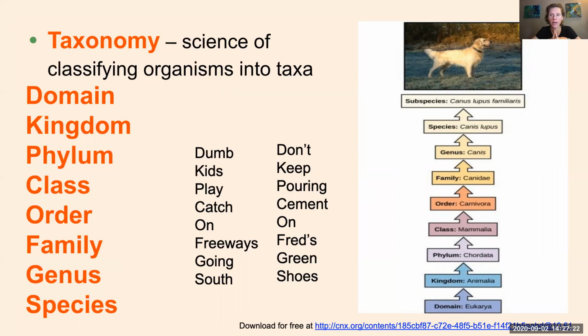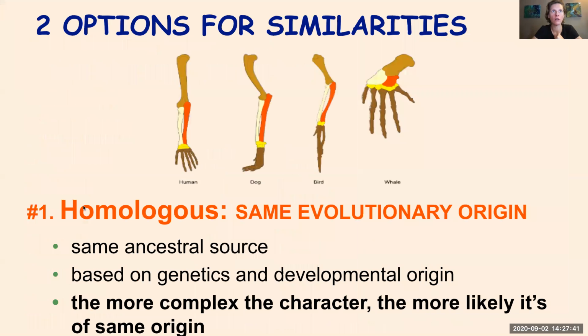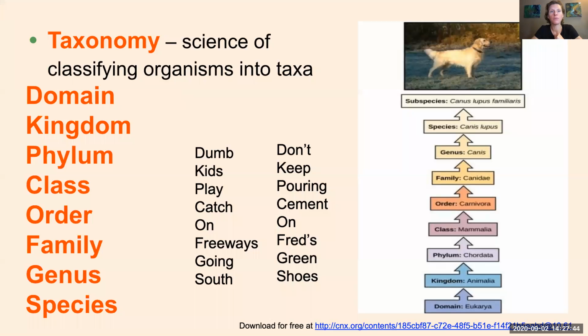A few mnemonics to remember that are: dumb kids play catch on freeways going south, or how I learned it was: don't keep pouring cement on Fred's green shoes. Anyway, that's the order from small to large, or from large to small. So memorize those.